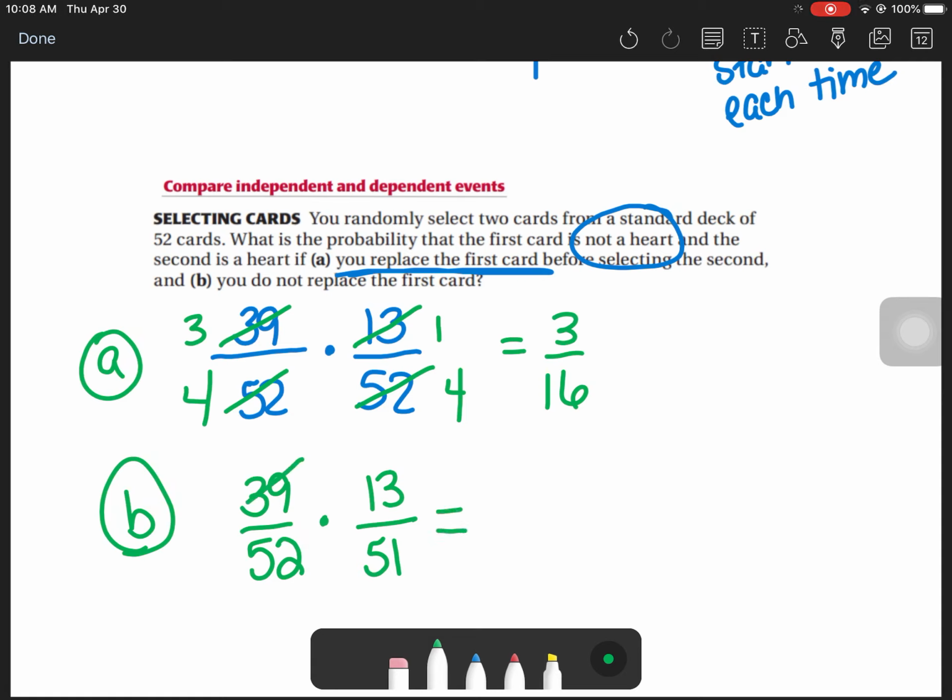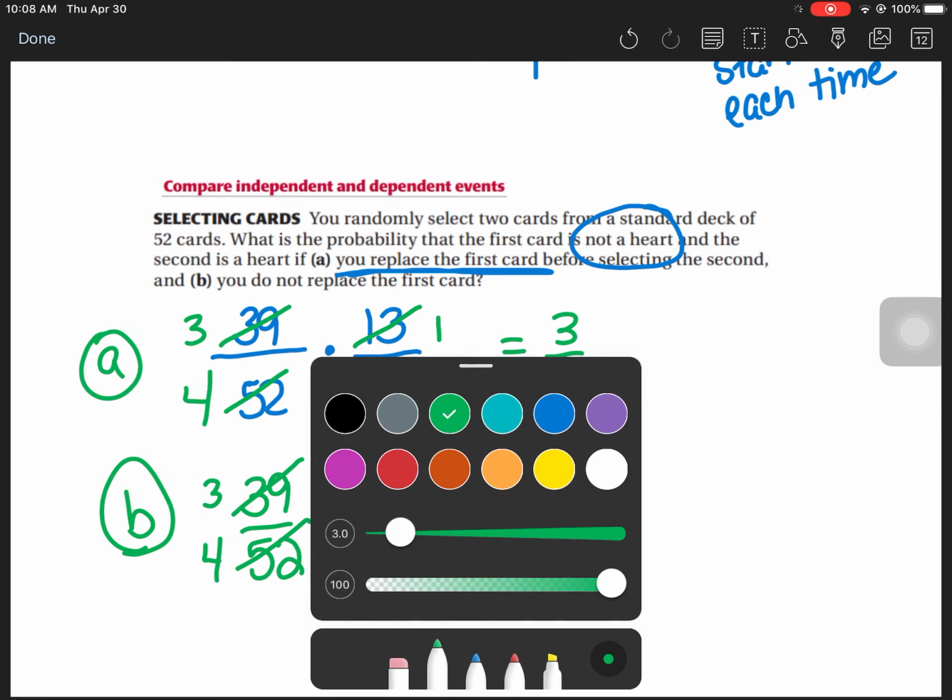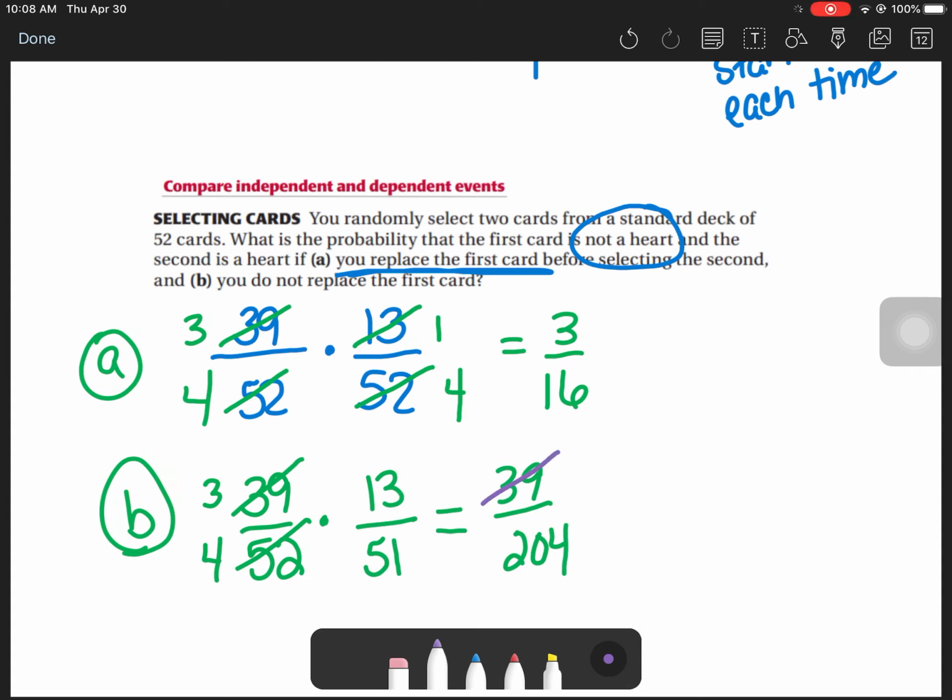So in this case, when I multiply straight across, I get 39 out of 204. But if you didn't see, we can simplify that. 3 will go into both of these, so that's going to be 13 over 68, and that's without replacing the card.